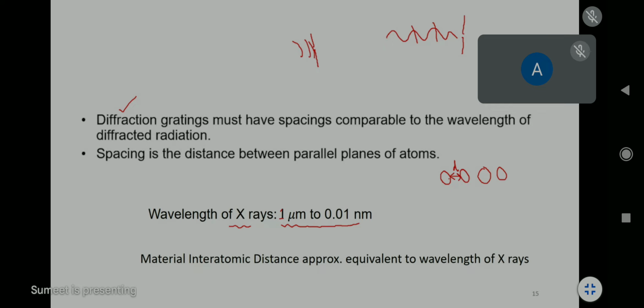That is why we use X-rays, because the interatomic distance is approximately equal to the wavelength of X-rays. So I hope it is clear to you.